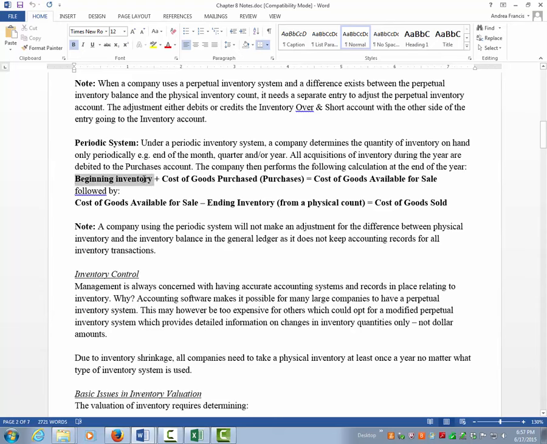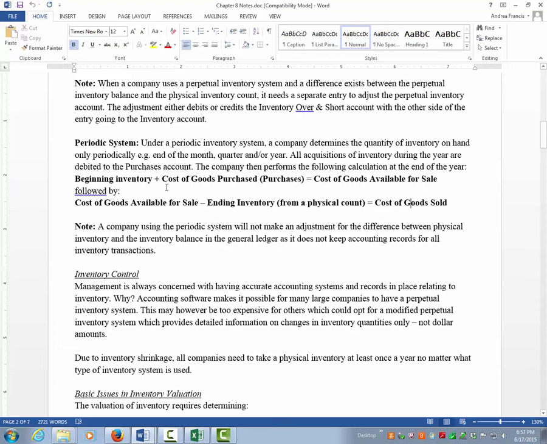Here we see that beginning inventory plus all the purchases, the cost of goods purchased, gives us all the cost of goods available for sale. You may also remember this from when we were calculating LIFO, FIFO, and average cost. Whatever we started with plus what we bought gives us everything that we could sell. And then the cost of goods available for sale minus whatever is left over tells us what our cost of goods sold is for the year.